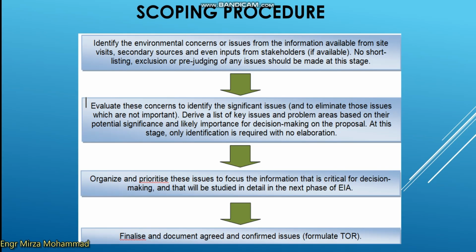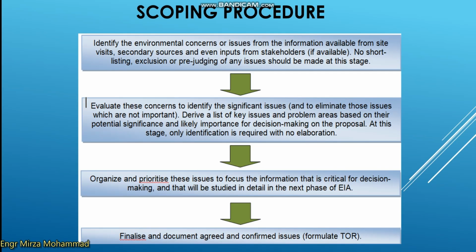After collecting the needful information, it is necessary to evaluate it to identify significant issues, and those issues which are not needed are to be eliminated. So firstly, for the environmental impact assessment, we will gather the needful information from the primary source if we can, and from the secondary sources. In the second step, we'll eliminate the information which is not needed, and derive a list of the key issues and problems which are to be considered.